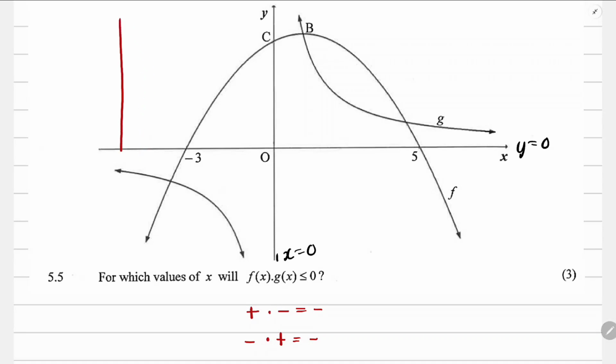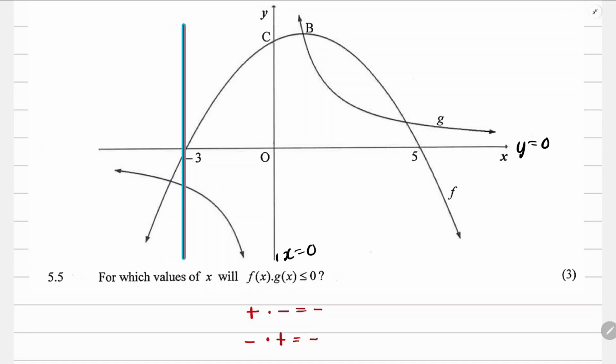So again, you can use a vertical line, you can use your ruler and go through this. You see here for these x values here, look at what the graph has. Here, it has a negative y value. This graph, negative y value for that same x value. So it will not work there. If you keep moving to the right, it still has a negative y value for the graph of g, as you can see there, and a negative y value for the graph of f.